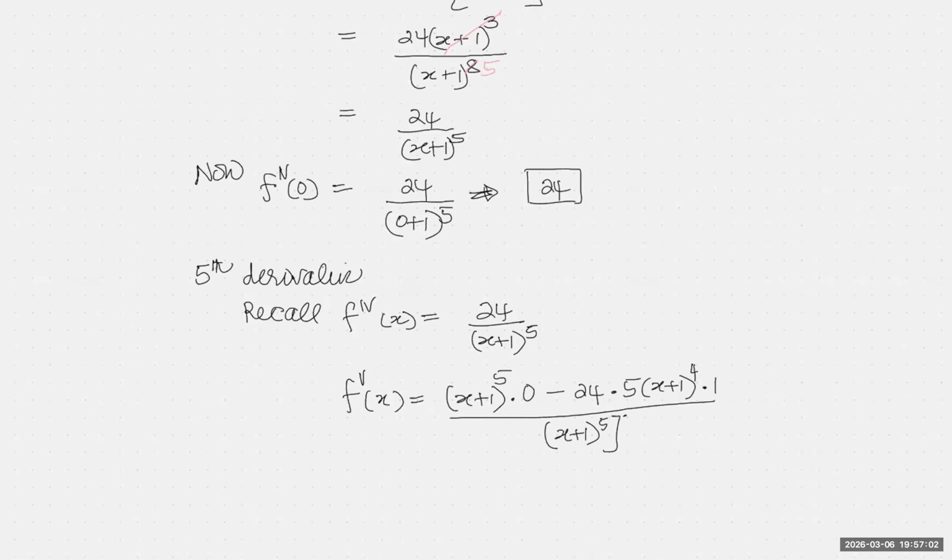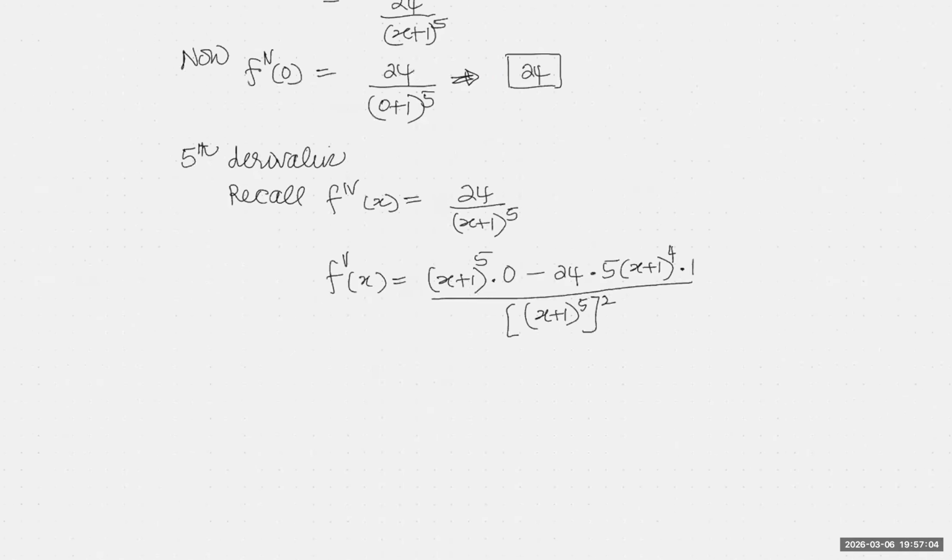Again, that goes to 0. So we're left with 24 times 5 is 120. So that's negative 120 times (x plus 1) to the 4th, all over (x plus 1) to the 5 times 2 is 10. Similarly, all of that goes into this, the remainder 6.